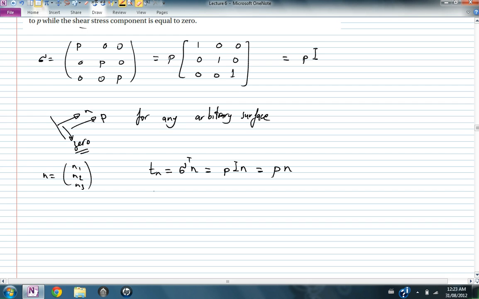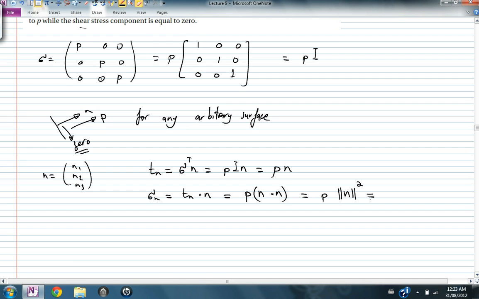The normal stress sigma n is equal to Tn dot n, so P n dot n is equal to P norm n squared.